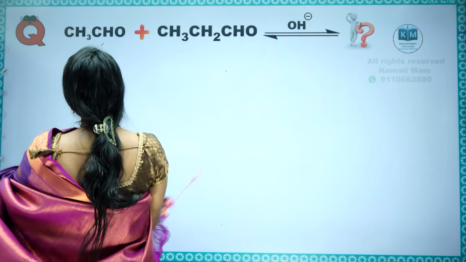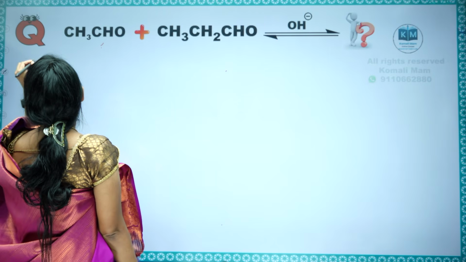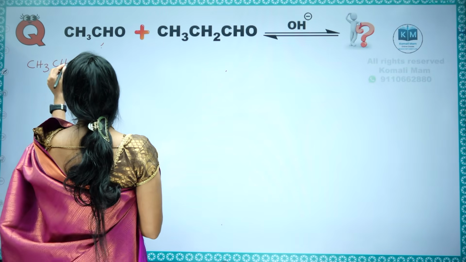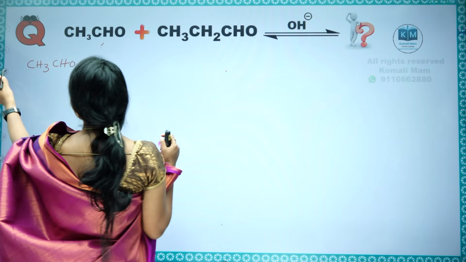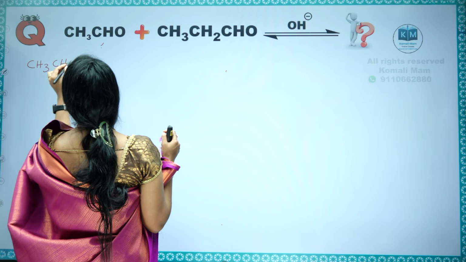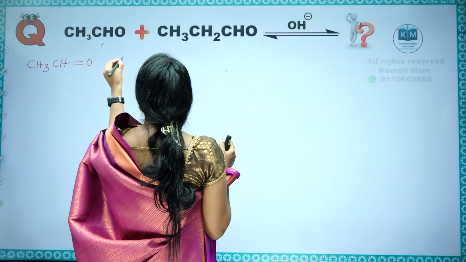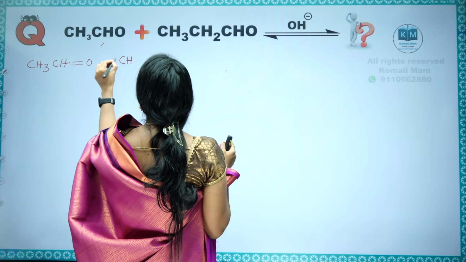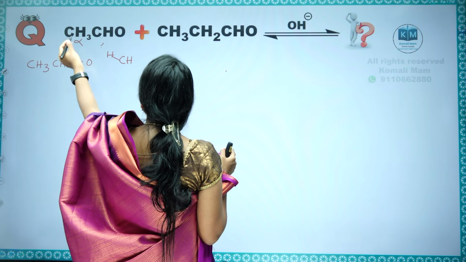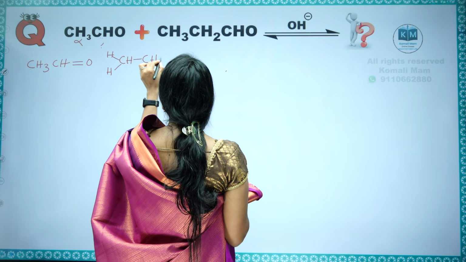Now first, the self products. Acetaldehyde reacts with CH3CHO. I want to show this oxygen as a double bond O. Next, CH2, two hydrogens, because the carbonyl carbon is followed by the alpha carbon, and those hydrogens are alpha hydrogens.